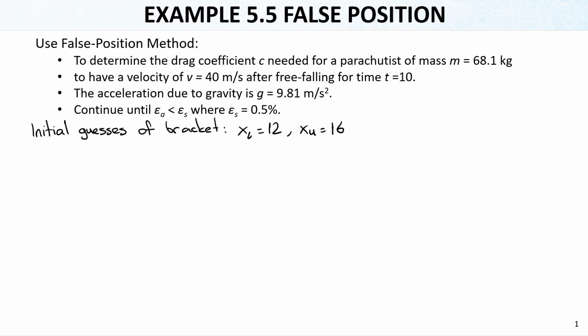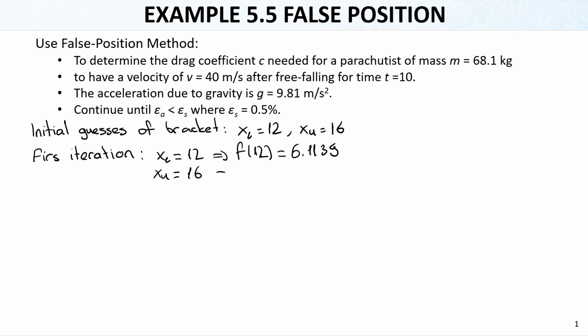So in the first iteration, we need the function values of these. If xl is 12, then f(12) is 6.1139; you can use the parachutist example equation from the previous example and simply plug these into the equation.